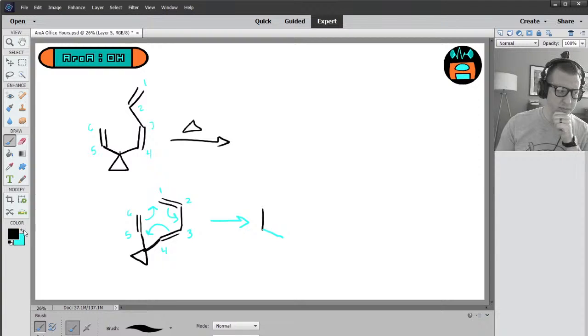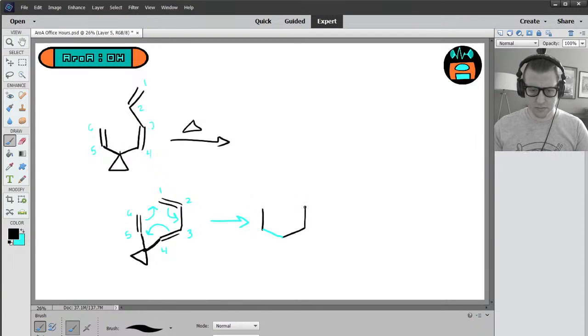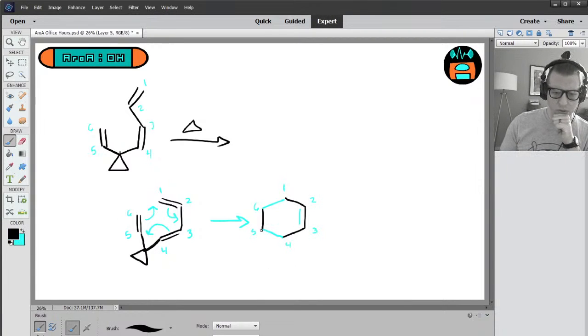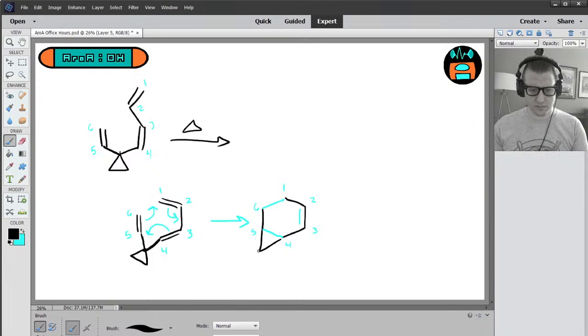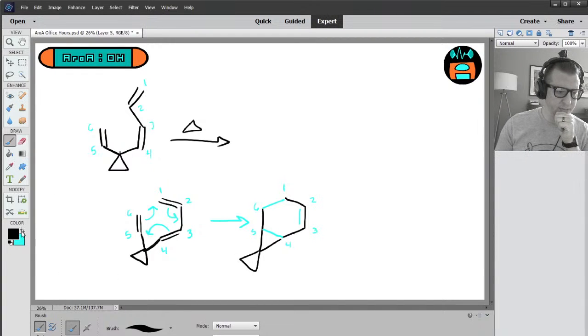So we'd have a new bond there, a new bond between 1 and 6. So 1, 2, 3, 4, 5, 6. There'd be a new double bond between 2 and 3. But the thing is, 5 and 4 are still there. I'm going to call this A, B, and C. We still have carbon A, which is bonded to both 5 and 4, B and C.